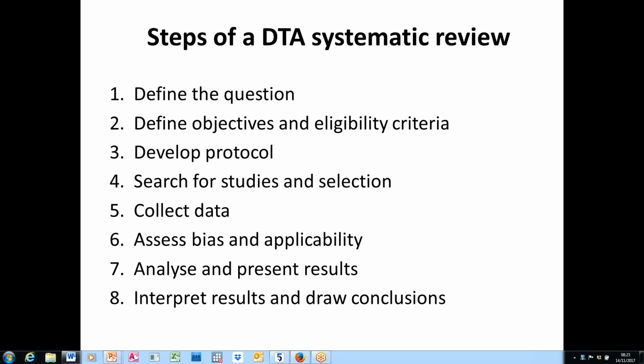So we have steps of working out what the question is, clearly formulating objectives from which we define eligibility criteria to say what studies should be included, developing a protocol, writing all of that down, and in Cochrane we get these peer reviewed, searching for studies and selecting studies, collecting data, assessing bias, so quality assessment of the studies, and then meta-analysis if we do meta-analysis and presenting our results, and then interpretation.